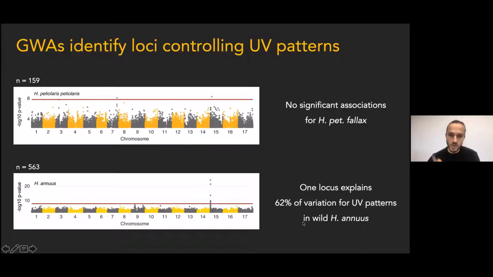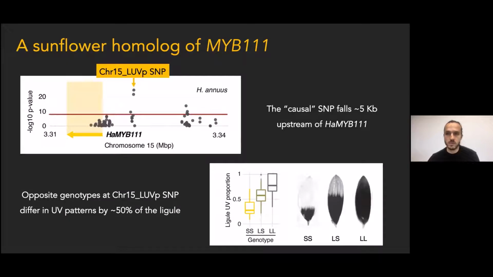And when we looked a bit more closely at what is in this region, we found that the SNP that had the strongest association with floral UV pattern is in the promoter region of MIB111. It's just about 5 kb upstream of this gene. And this SNP has a very strong effect on floral UV pattern. Plants that are homozygous for the small allele at this SNP have about 1/3 of the petal that is UV absorbent.